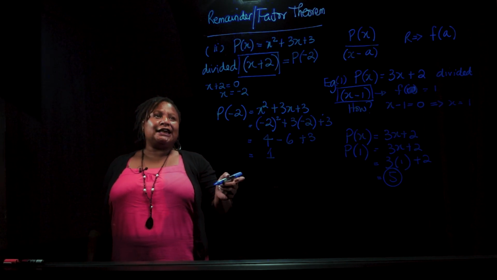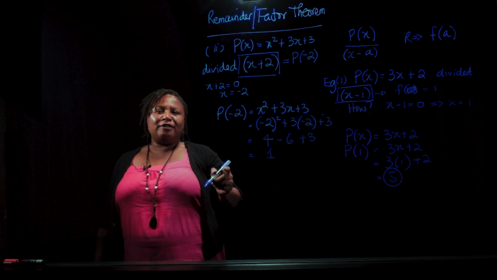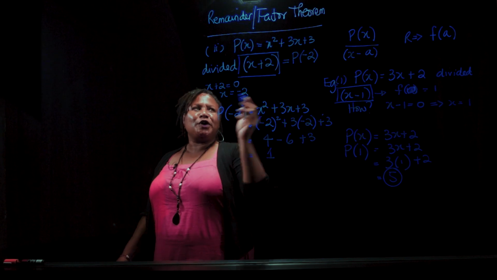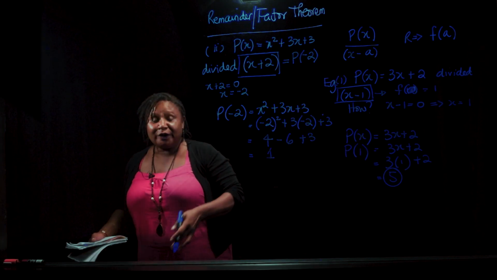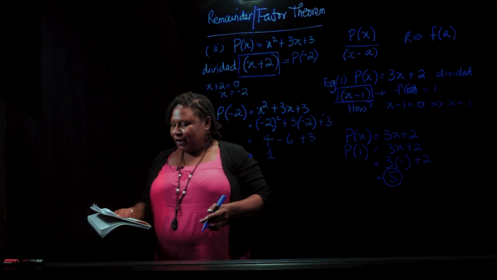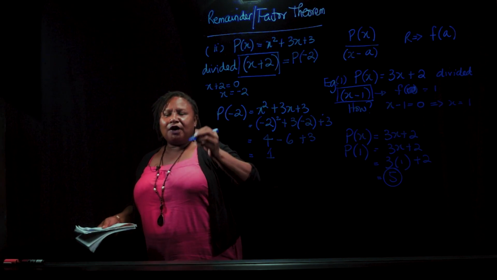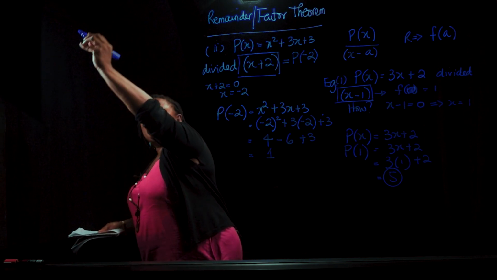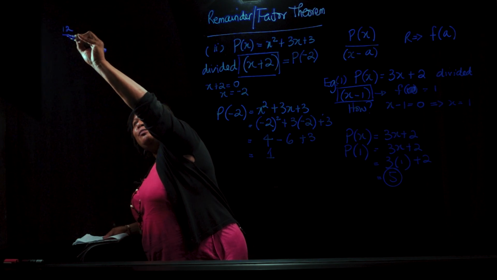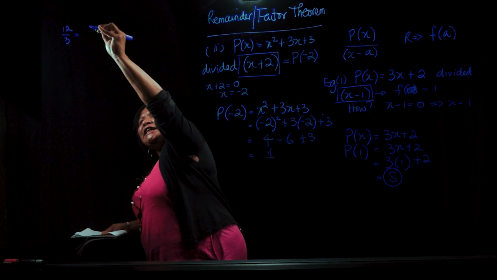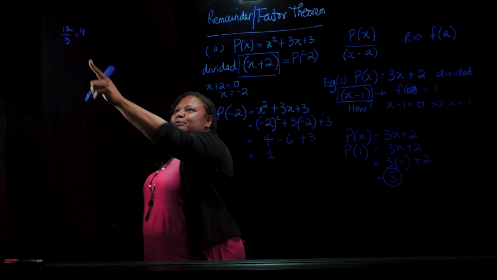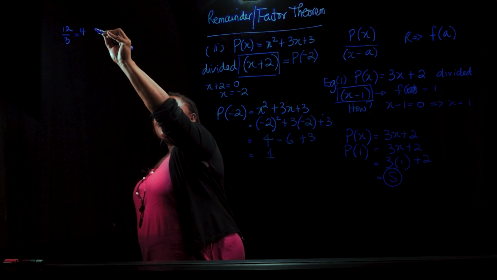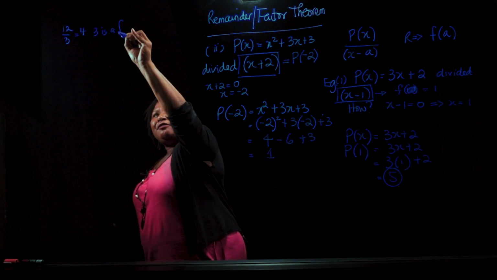Now let's see when we have 0 remainders. Remember this is the remainder theorem; now we're going to look at the factor theorem. With simple division, we know that if you divide 12 by 3, you will get an answer of 4, because we know that 3 is a factor.